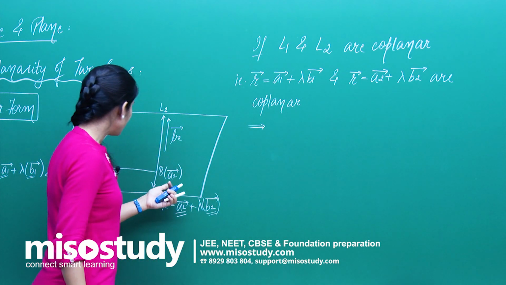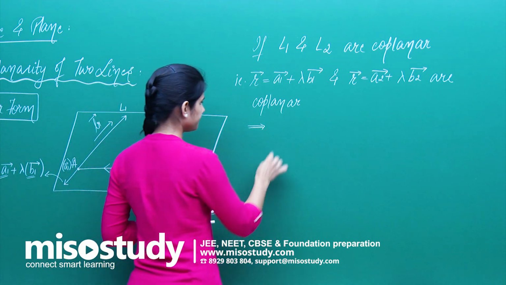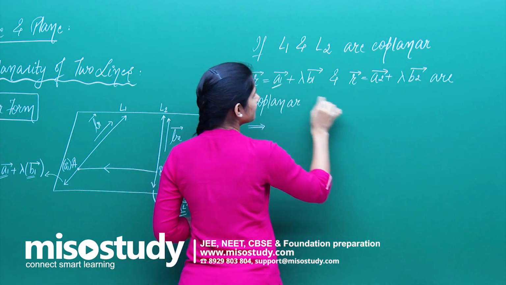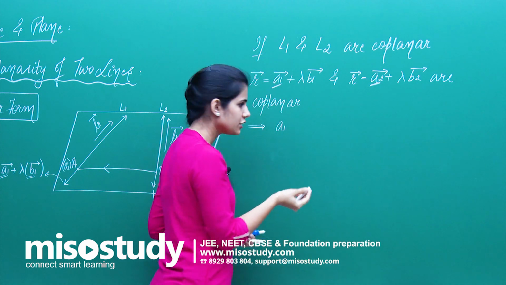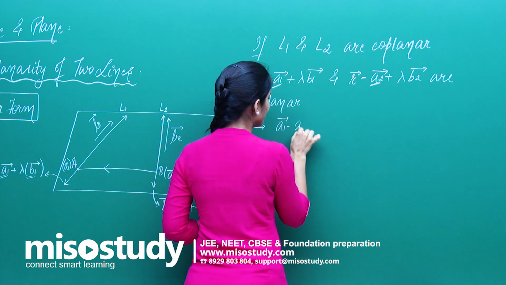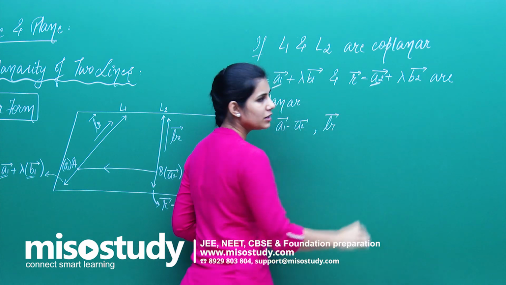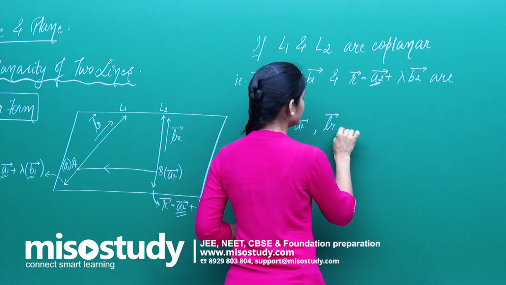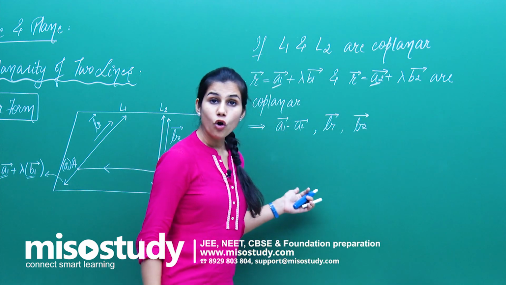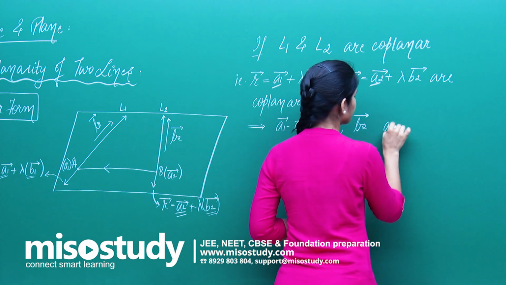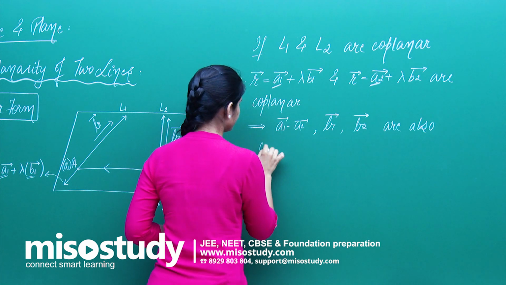this clearly implies a1 minus a2. Mind it, this is a1, this is a2 vector. Difference of two vectors is also a vector, you know this. a1 minus a2 vector, the parallel vector to line 1, that is b1 vector, and the parallel vector to line 2, that is b2 vector, all these three vectors are also coplanar.